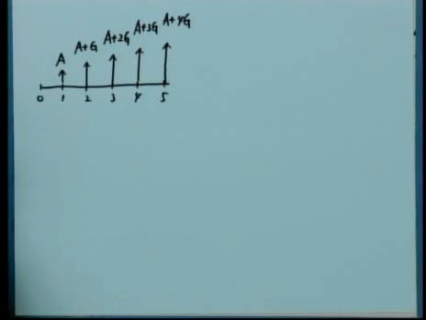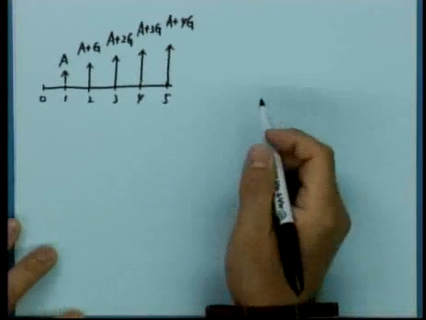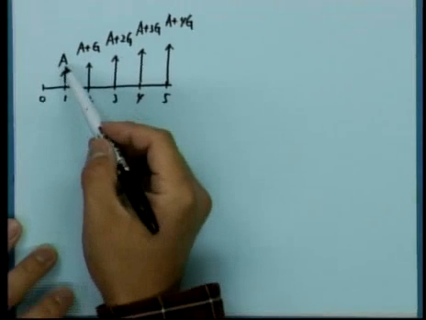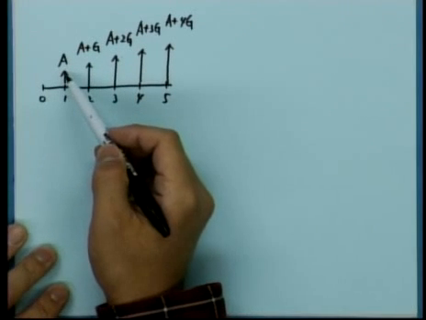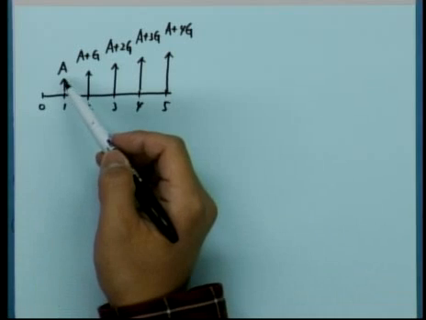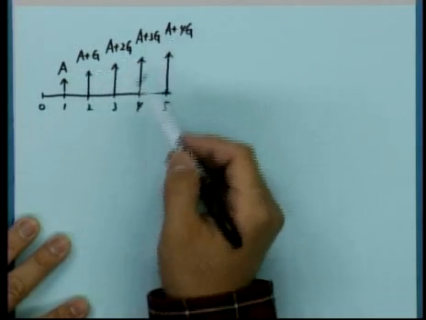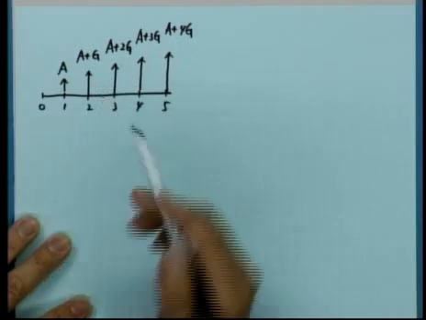Okay, so in this cash flow, we may say that the first period's cash flow defines the uniform annual series, and the period by period change amount defines the arithmetic gradient series.